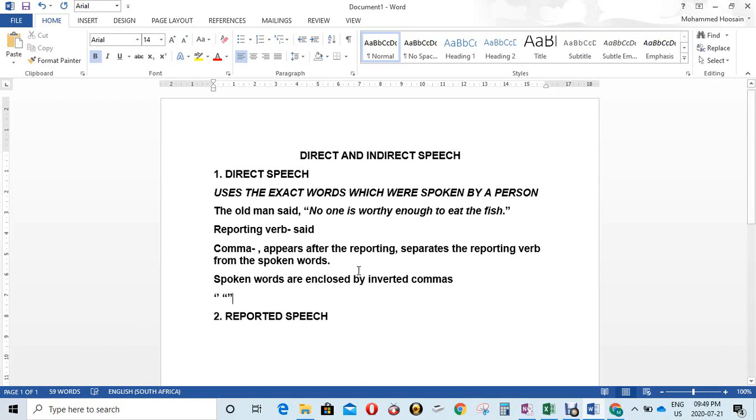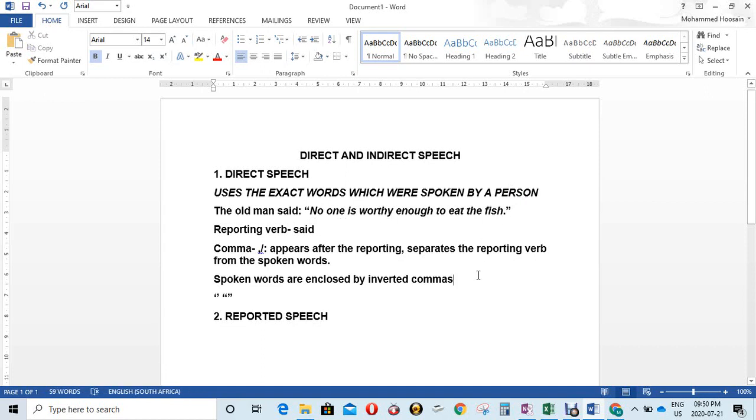They're fine. If I just go back to the comma, you could also separate the reporting verb from the spoken words using a colon. So you could use a colon or the comma. Both of them have the same function. Whatever the actual words are, those are enclosed within the inverted commas.